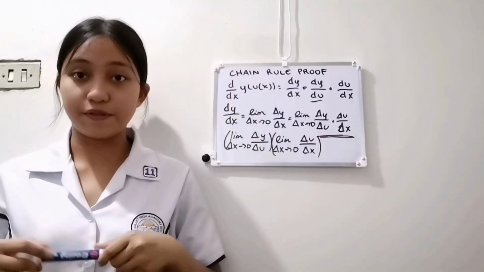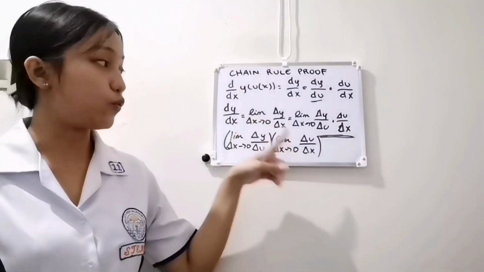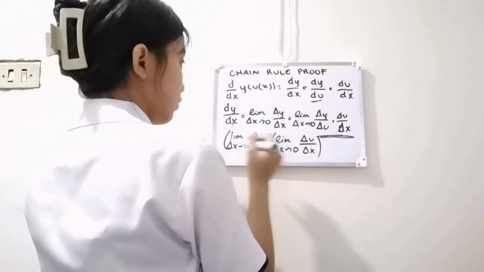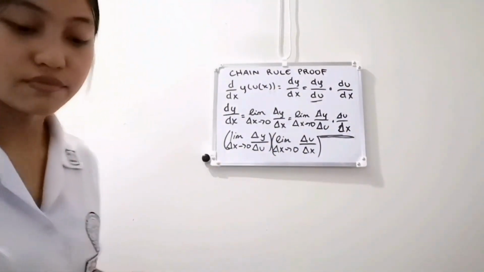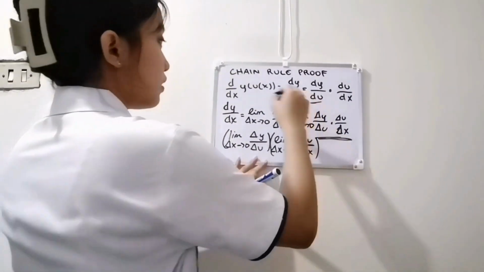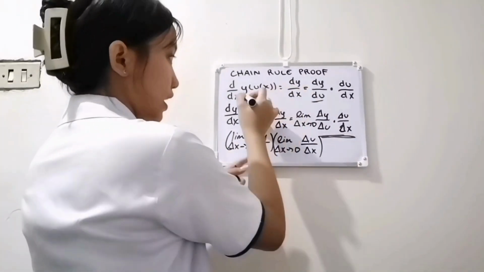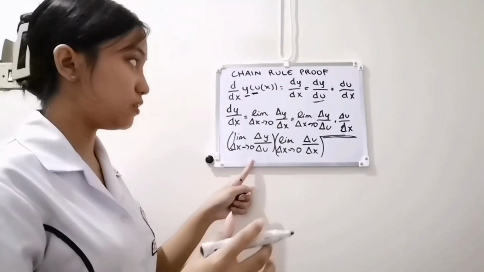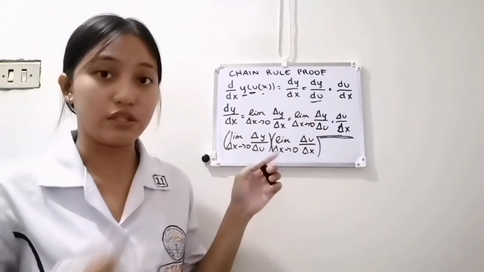So what does this simplify to? In order for this to be true, we are assuming that y and u are differentiable at x, or continuous at x.